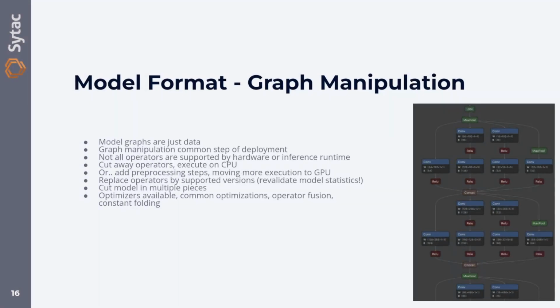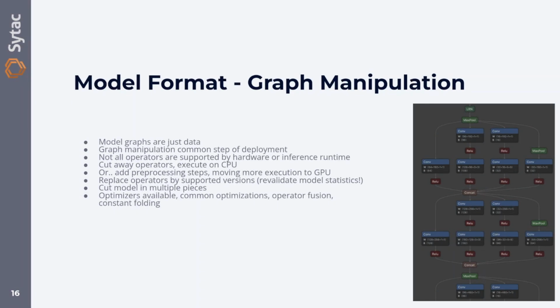So, for example, you can cut away parts of the graph and execute it on the CPU. So you can cut your model in half and execute part on the CPU. You could also add steps. For example, if you're pre-processing, you want to move that to the GPU, or you just add it to the computation graph. Very simple, makes deployment a lot easier.